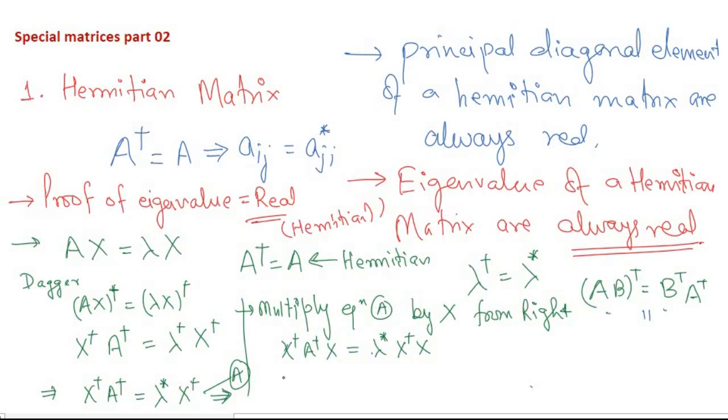So X dagger A X is equal to lambda star X dagger X. See, Ax is equal to lambda x, from the eigenvalue equation. So this can be stated as, here lambda is a constant, it can be taken outside: lambda X dagger X is equal to lambda star X dagger X.